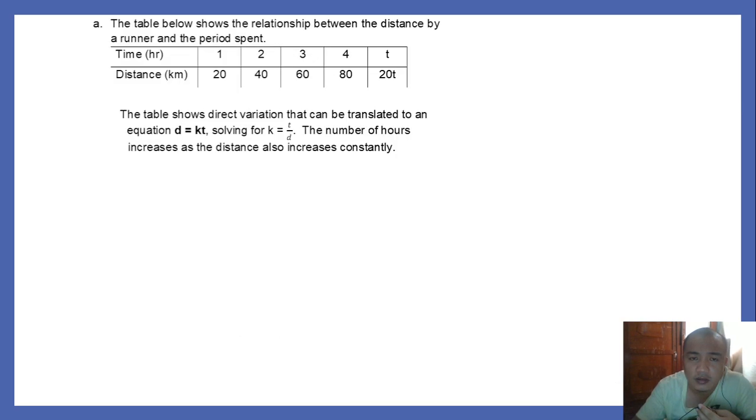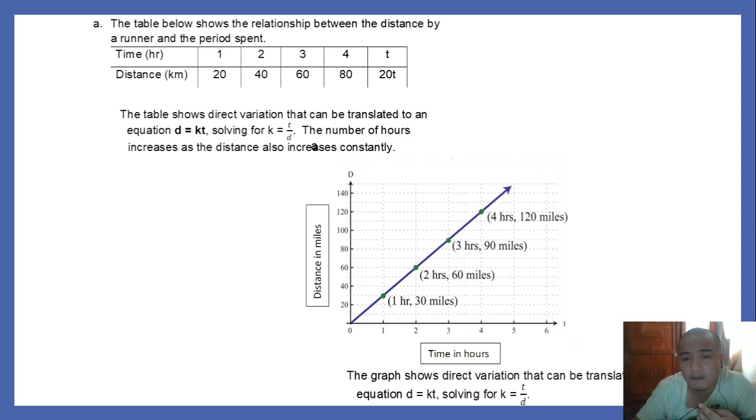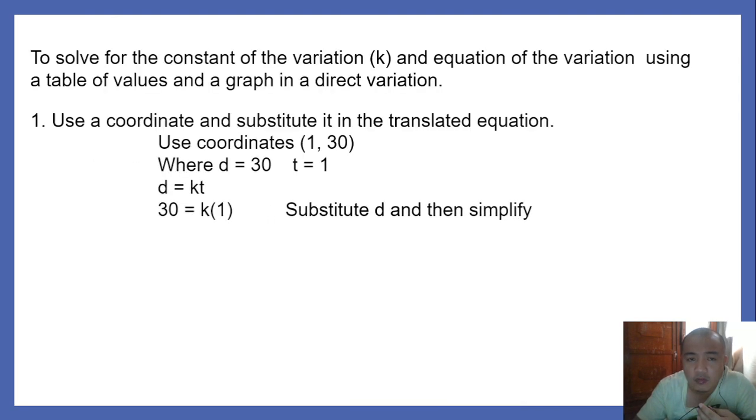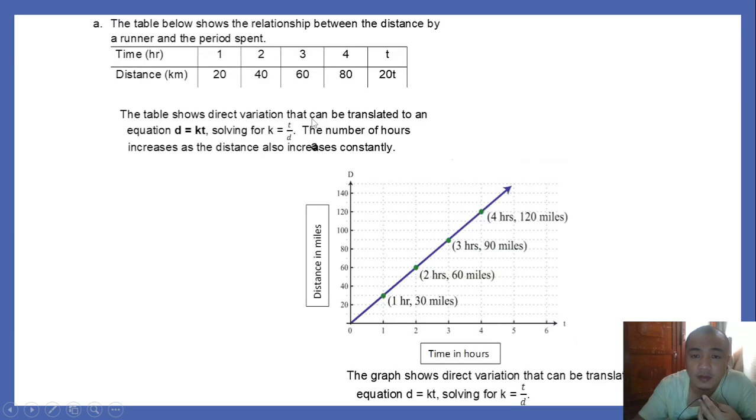What we did here, we based (1, 30) on the given graph, not on the given table. From the given graph, we have 1 hour, 30 miles; 2 hours, 60 miles; 3 hours, 90 miles; 4 hours, 120 miles.